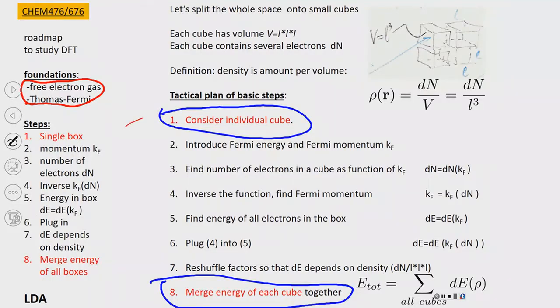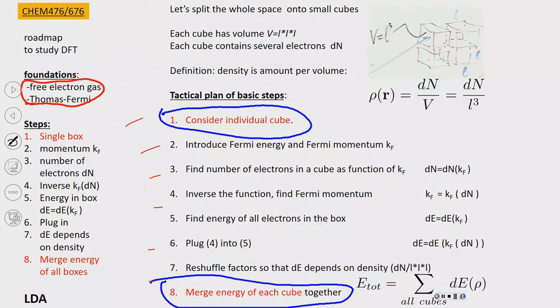So there are several steps that you can go through. Okay, I'll just try to go over. The first idea is that we can split the universe into cubes, and it is our free-will decision how large the size of the cube is.